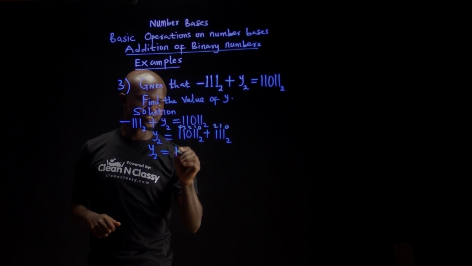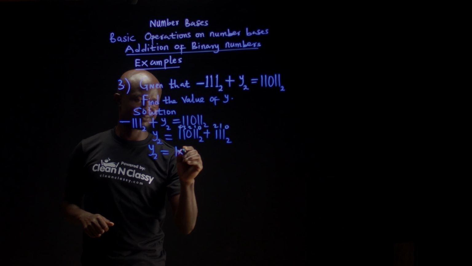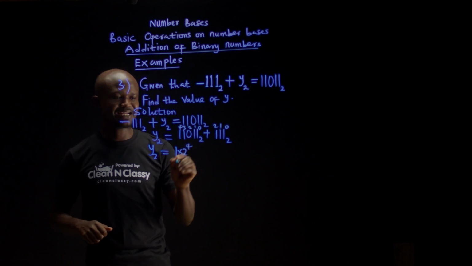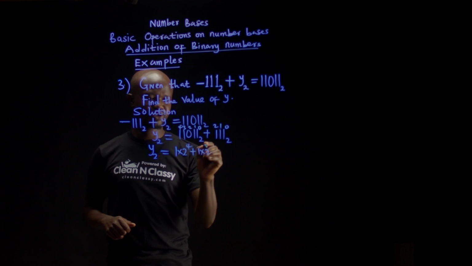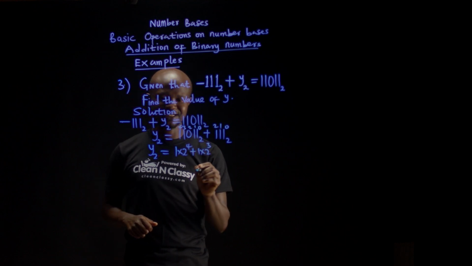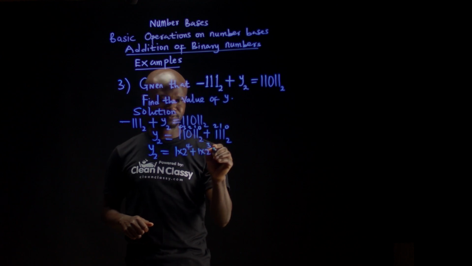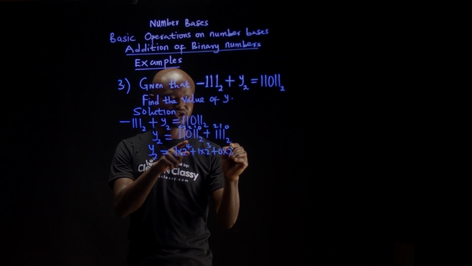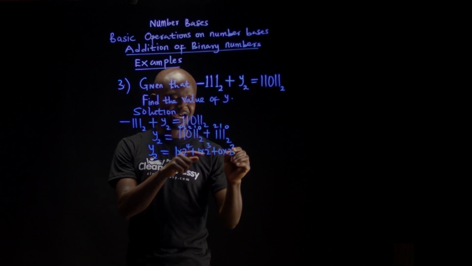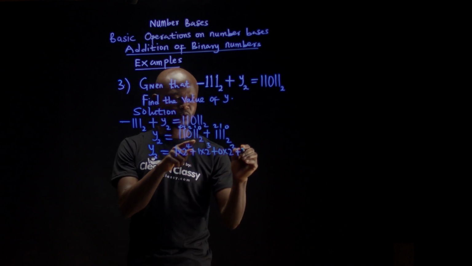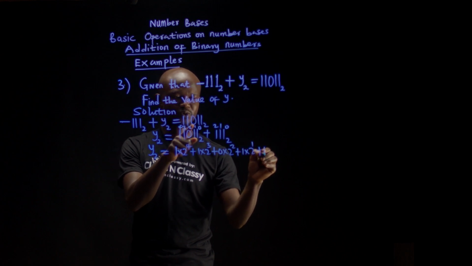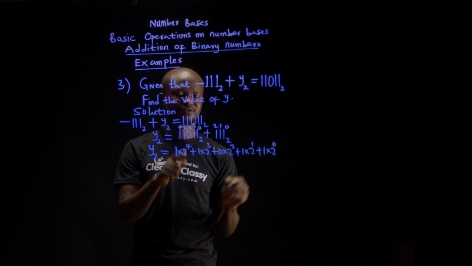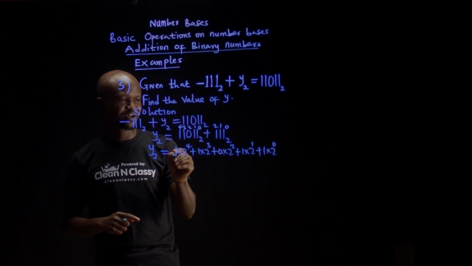This can be written as 1 times 2 raised to the power 4, plus 1 times 2 raised to the power of 3, plus 0 times 2 raised to the power 2, plus 1 times 2 raised to the power 1, plus 1 times 2 raised to the power of 0. This is for the first one.